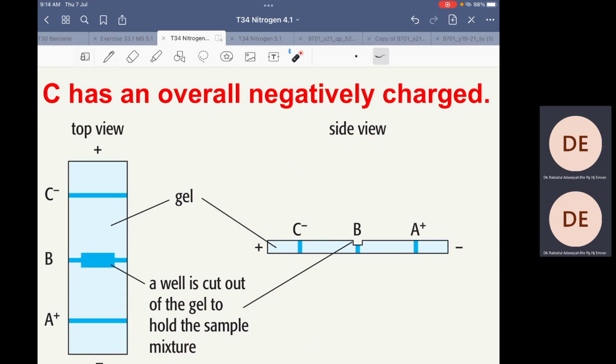That's because they all have different charges. Sometimes you will see that you may have two ions that are positively charged, okay? They may have the same charge, but their masses are different, right? That's still easier to see because the heavier one will move slower. But there's also a case where they have both different mass and different charge, okay? So that's when you have to look at the charge density.